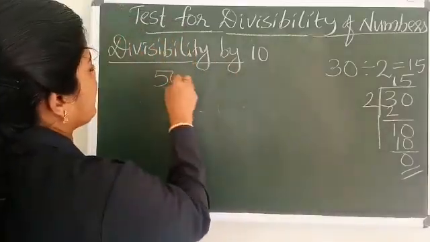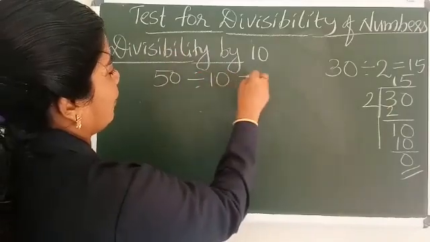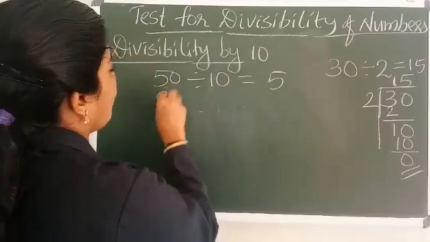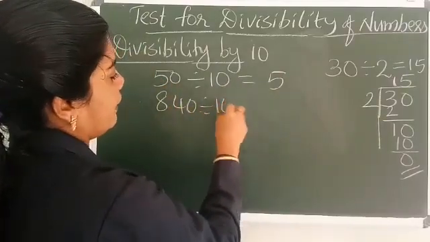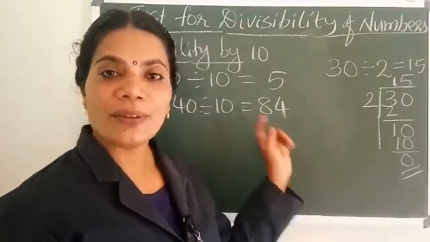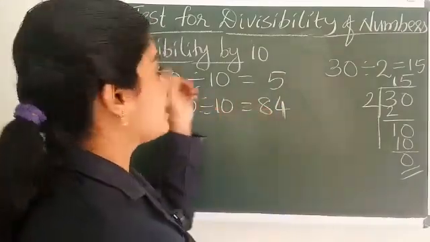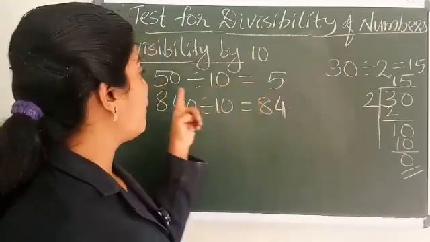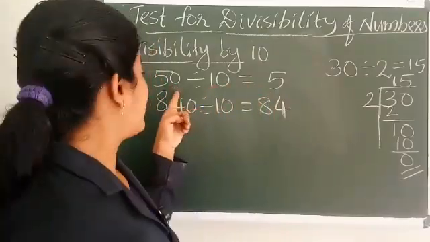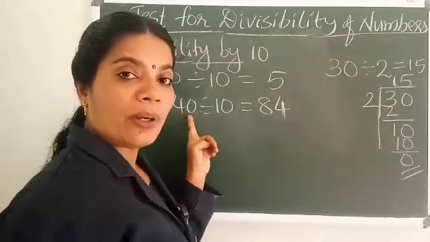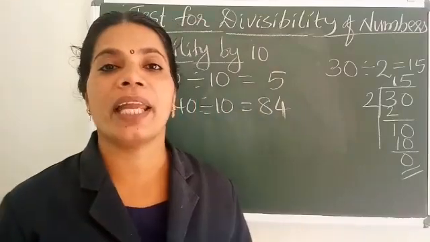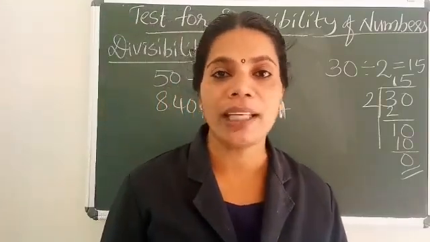Is 50 divisible by 10? 50 divided by 10 is 5. 840 divided by 10 is 84. What's the divisibility rule by 10? If a number ends with 0, that is, its ones digit is 0, it is divisible by 10.